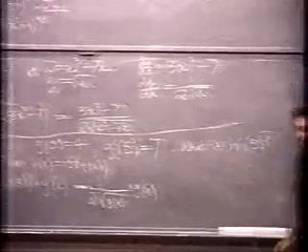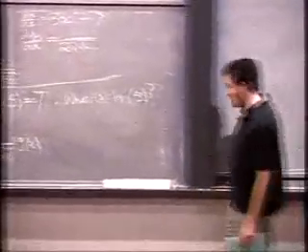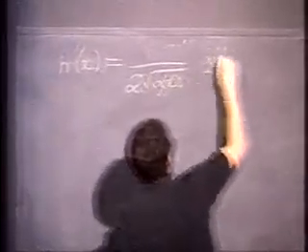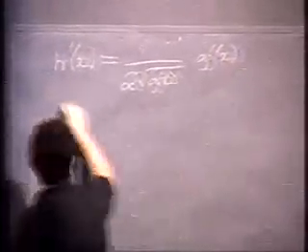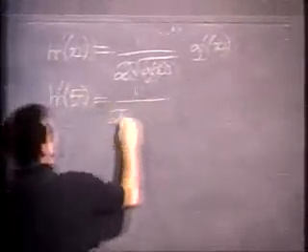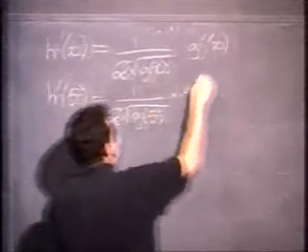I have a general formula for h prime of x. The question asks me what is h prime of 5. So I'm going to take my formula and rewrite this for clarity here. It's 1 over 2 square root g of x times g prime of x. And therefore h prime of 5, which is what we want, is 1 over 2 root g of 5 times g prime of 5.